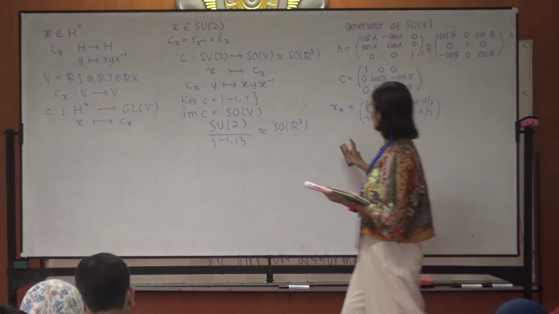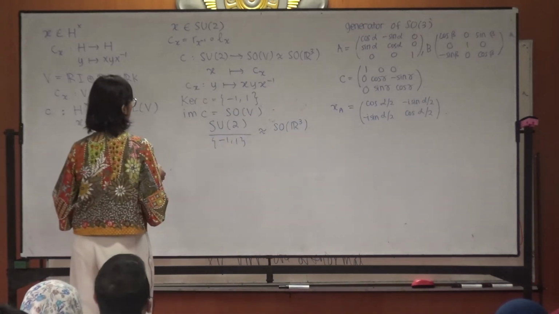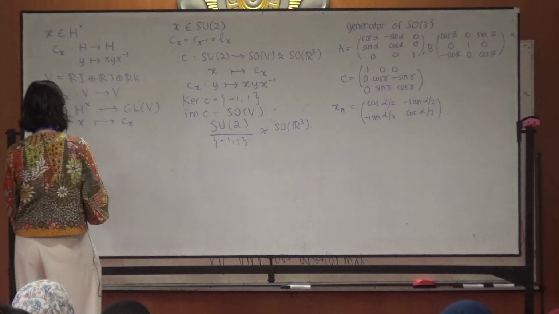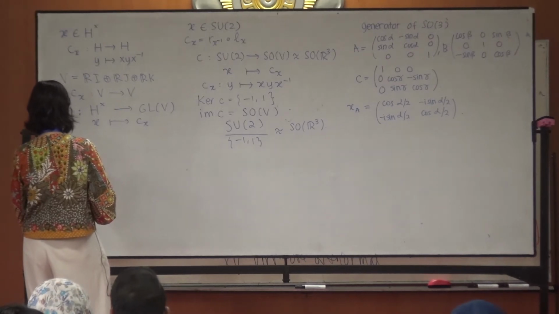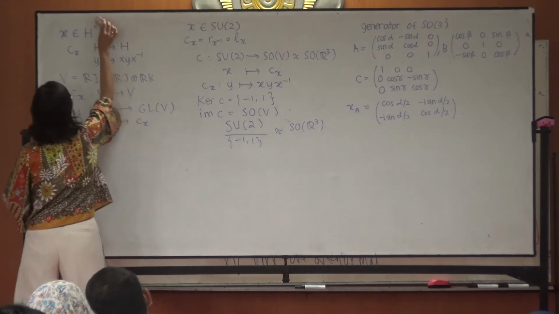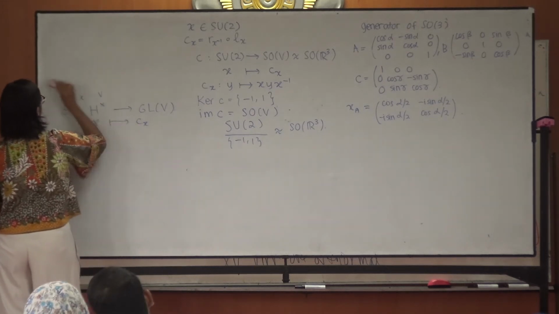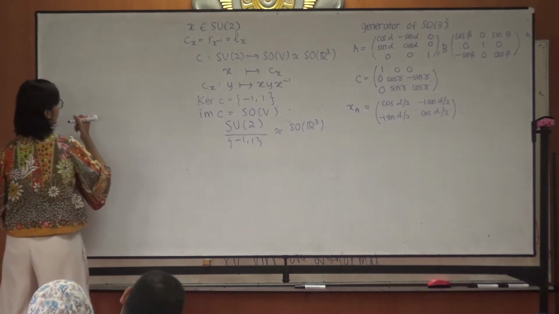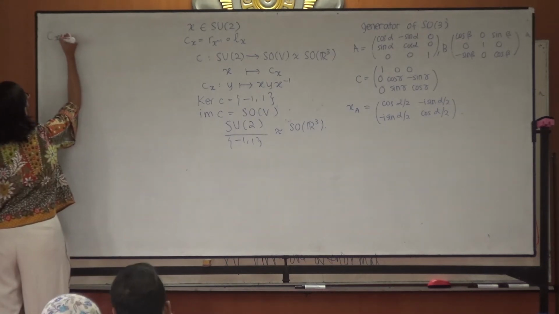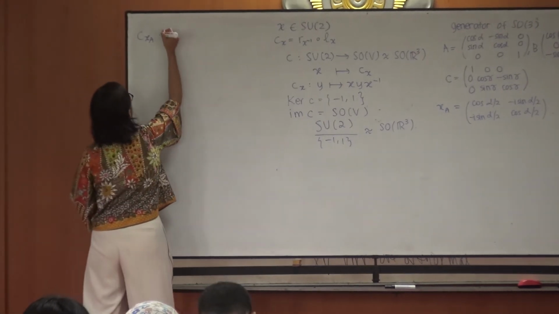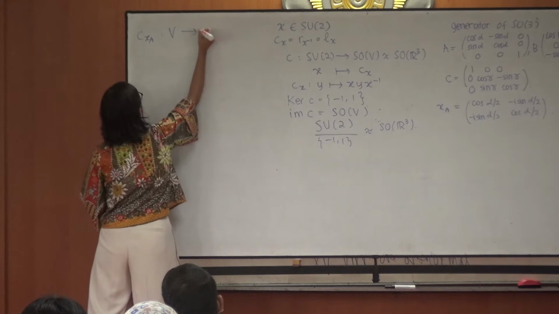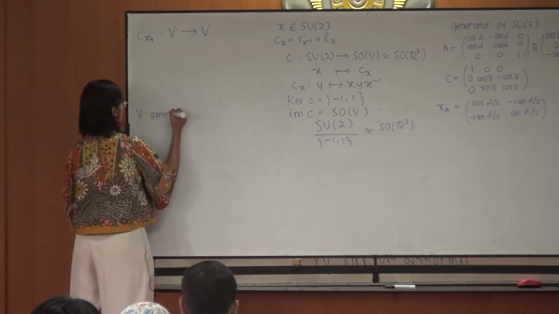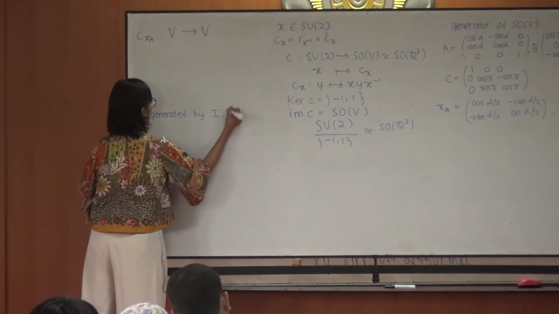Then from this XA, we have CXA, which is a map from V to V, and V was generated by I, J, K.